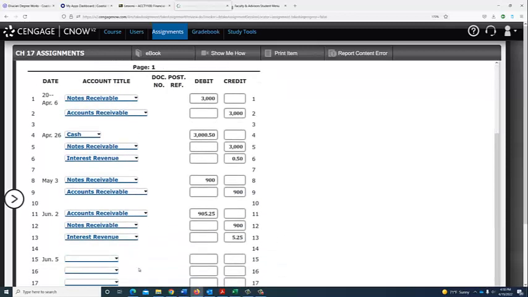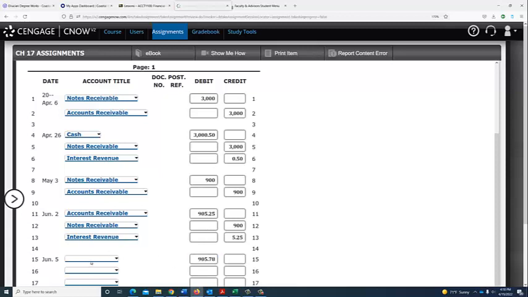So if I put that in the calculator, $905.25 times 7% times 3 divided by 360, that is 53 cents interest that he's given us in addition to the $905.25. So $905.25 plus 53 cents is $905.78.